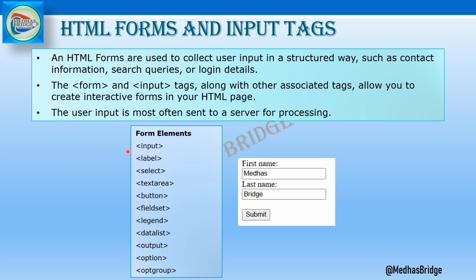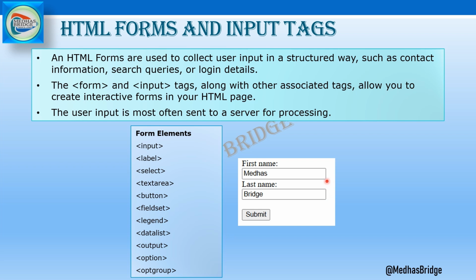These are the form elements: input tag, label, select, text area, button, field set, legend, details, data list, output, option, optgroup.